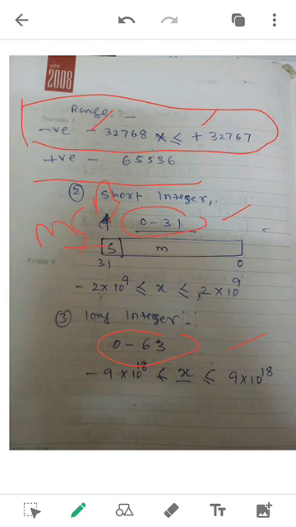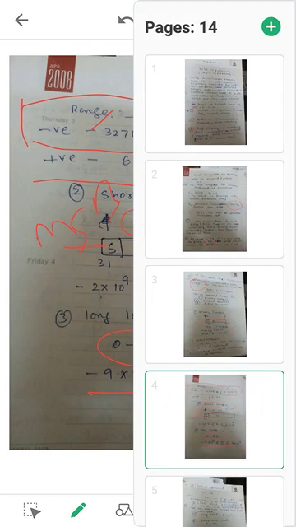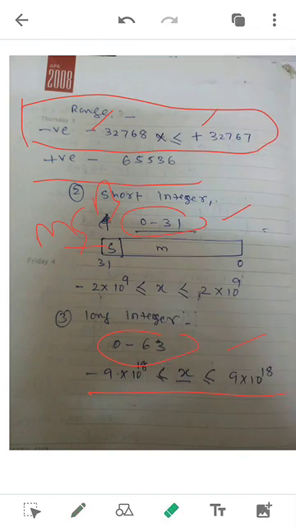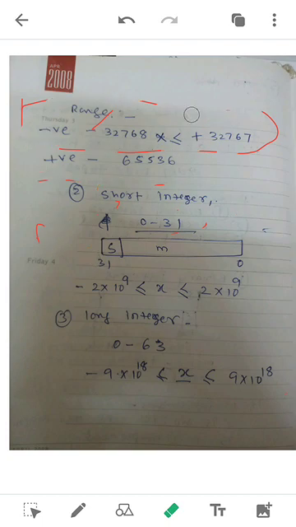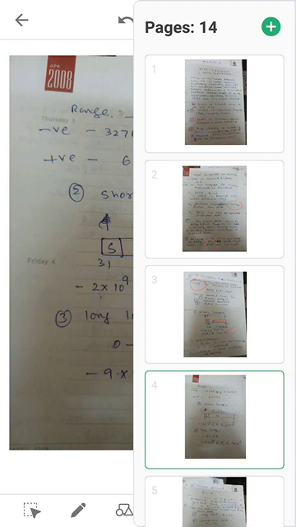That is the range supported by long integer. So in this range of numbers we can perform mathematical operations. That is the advantage of 8087, the numerical data processor.